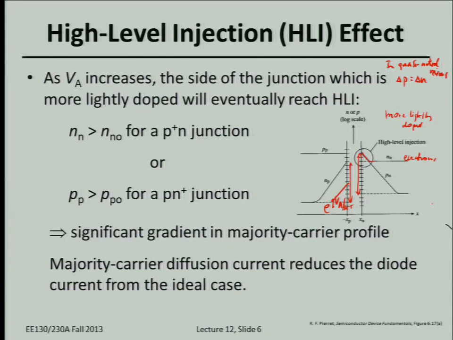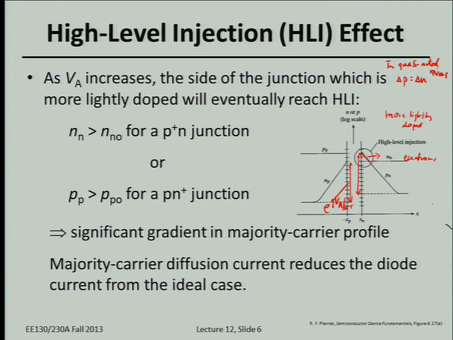Which direction will the diffusion due to that gradient occur? Which direction will electrons flow? To the right, right? Because they go from high concentration to low concentration. So under high-level injection, there will be diffusion of the majority carriers, and that diffusion current counteracts the normal diode current.